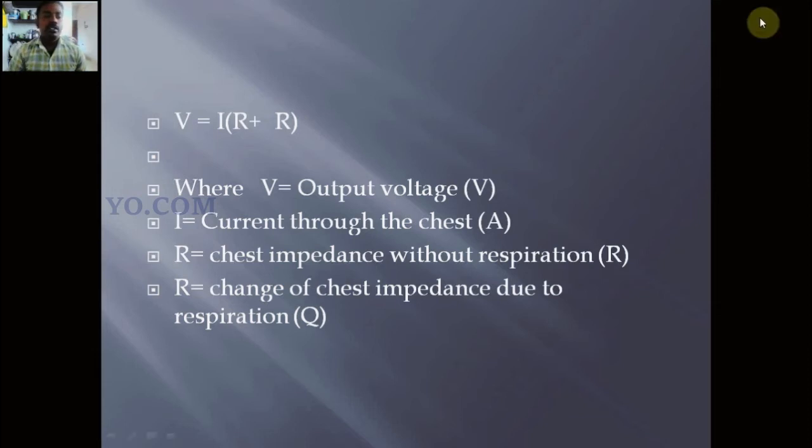The first R is the chest impedance without respiration. When we have respiration, at that time the resistance changes. So the output voltage depends on the respiration, that is, on the resistance, which varies with respiration.